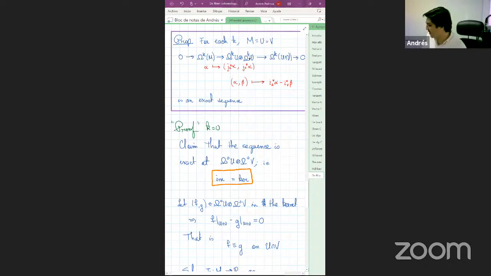Any ideas on that? So basically what you have to do is the following. You have a function on the intersection. The function on V that you will take is going to be the 0 function. Here, take the 0 function. And here, you need to come up with a function that restricts to this one.